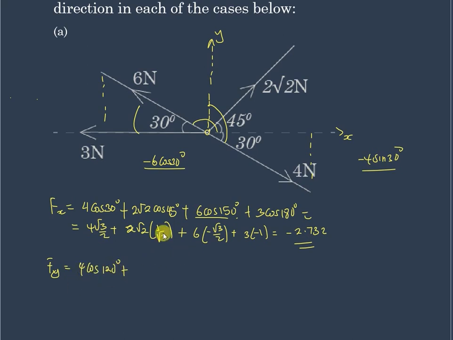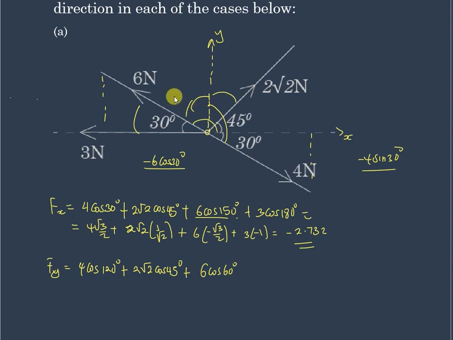Yeah, but you can also have it like this. The 2 root 2 force is 2 root 2 times cosine of 45, because this force is inclined at an angle of 45 to the positive y-axis. Plus, we come to the 6 Newton force. We have 6 times the cosine of 60; this angle here is 60.